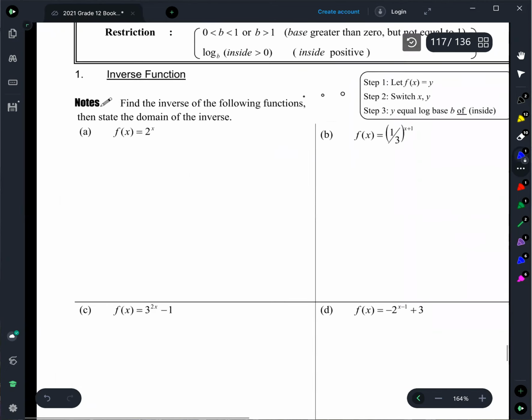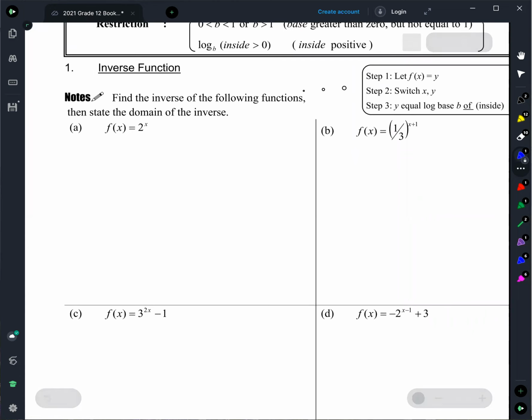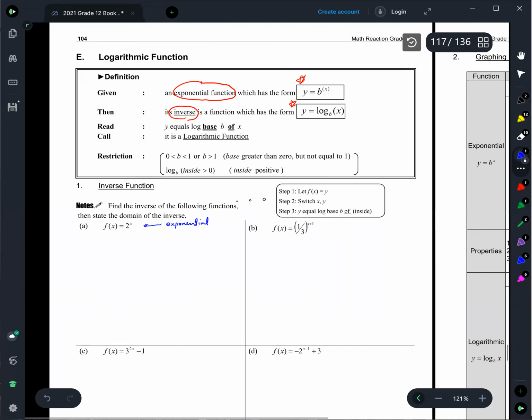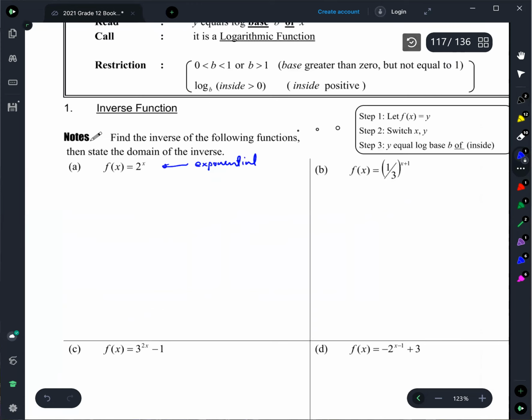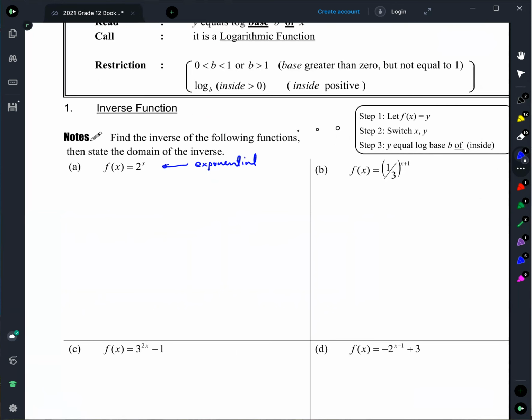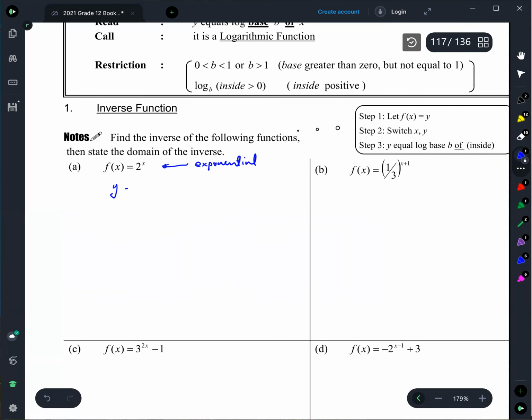So here, suppose I give you an exponential, right? This is exponential now. Okay, page 104. They give you f of x equal to 2 to the x. So we'll start with writing out, instead of f of x, we write it as y.